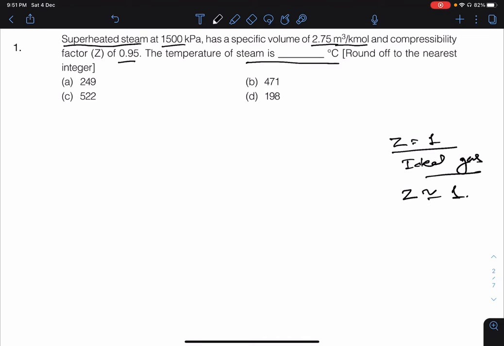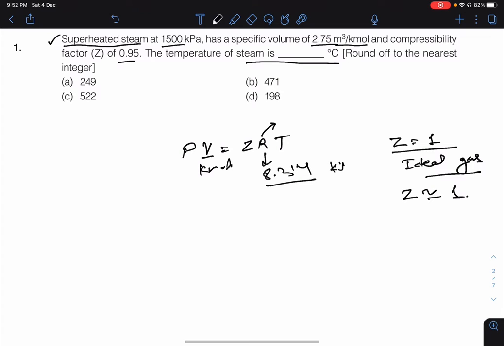we can consider superheated steam as an ideal gas and we will use PV is equal to ZRT. Here we should know what R we should use. Since it is given in kilomole, we will use the value of R is 8.314 kilojoule per kilomole Kelvin.